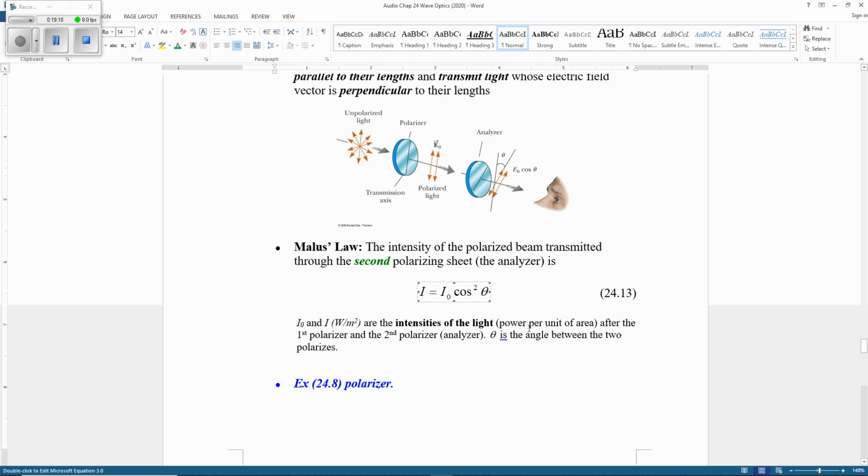Intensity of light is the power of light per unit area. This I is the output, I sub 0 is the initial intensity, and it's multiplied by cosine theta squared, where theta is the angle between the two polarizers.